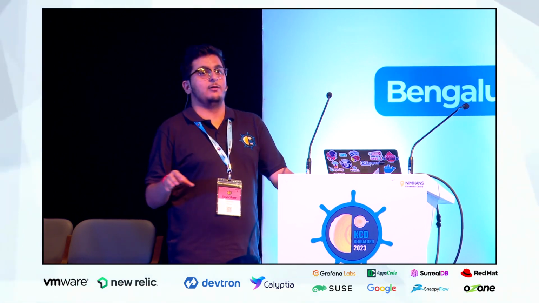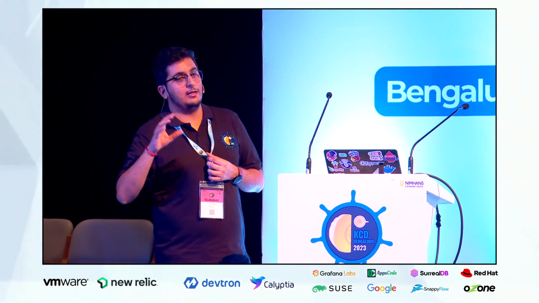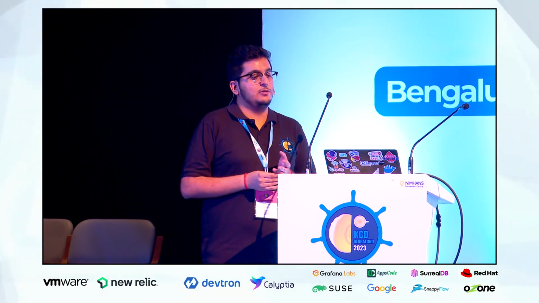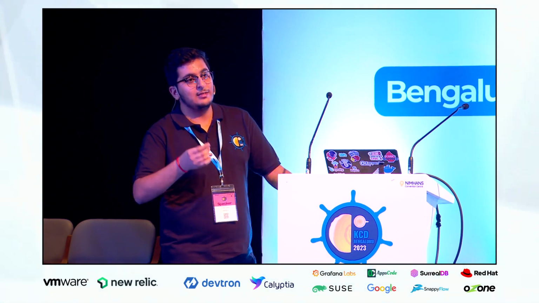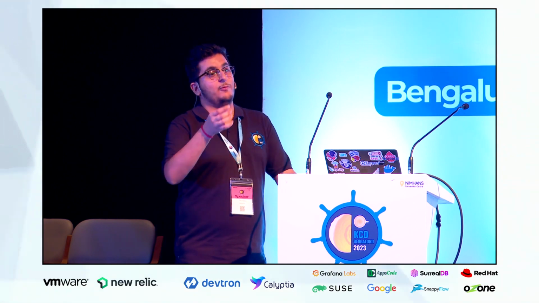Also, port scanning is quite important when you are taking care of security aspects. So Hubble is great at that. Hubble has inbuilt port scanning as well. You can enable that. Cilium overall, as a container networking interface, gives you a lot of granular control over what ports, packets coming in, and what requests are going out.